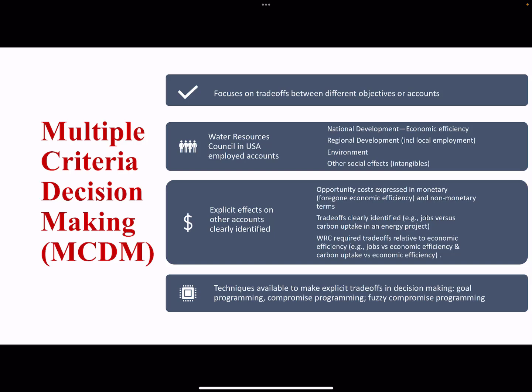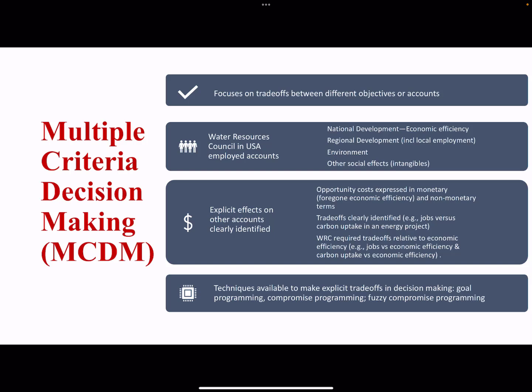So national development was the one that we use in social cost benefit analysis. Regional effects also could be some component of economic efficiency. They could be measured. And environment could be measured using non-market valuation techniques, for example. Other social effects, that was much more difficult.